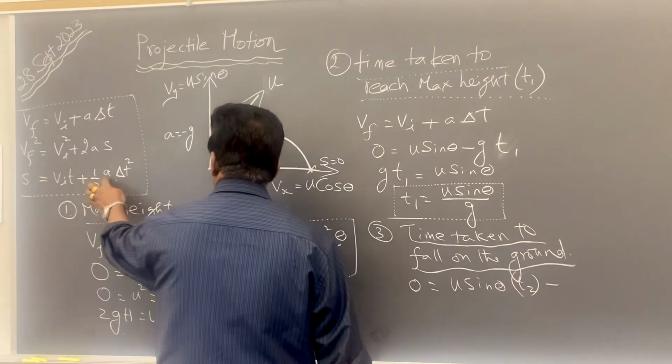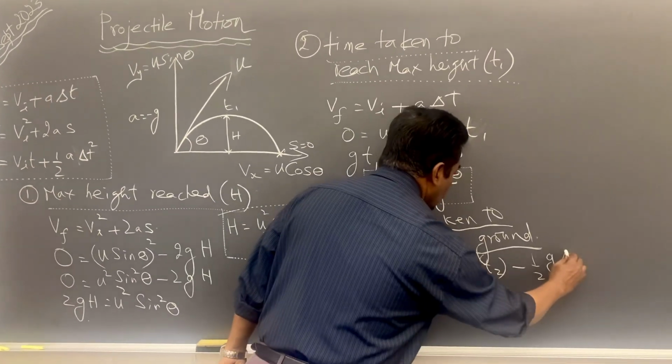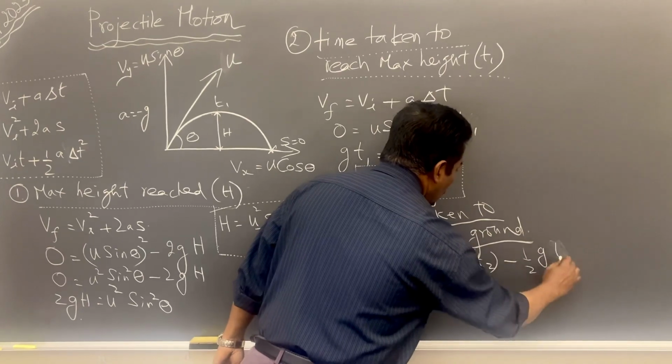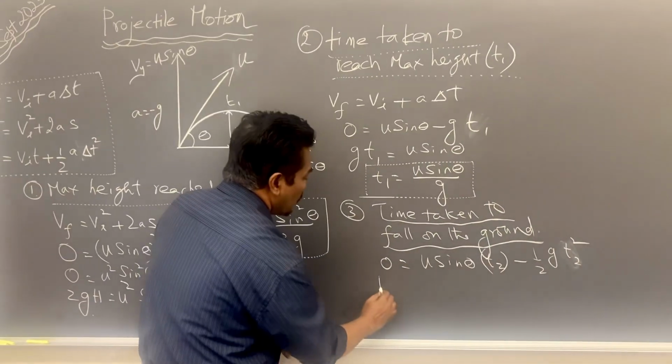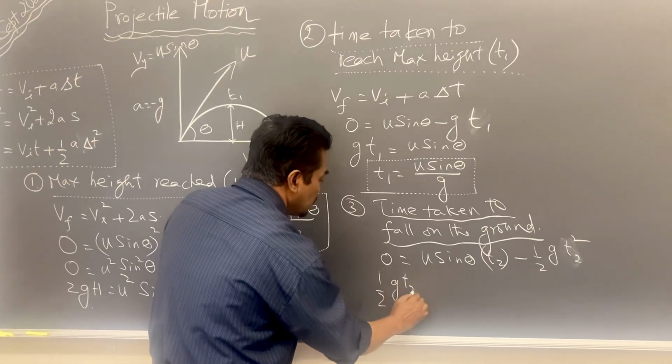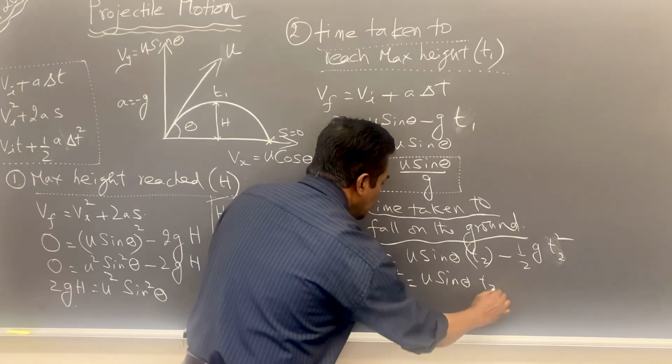As I told you, a equals negative g, so we put one over 2 g t2 square. Now we can equate: 1 over 2 g t2 square will be equal to u sin theta t2.